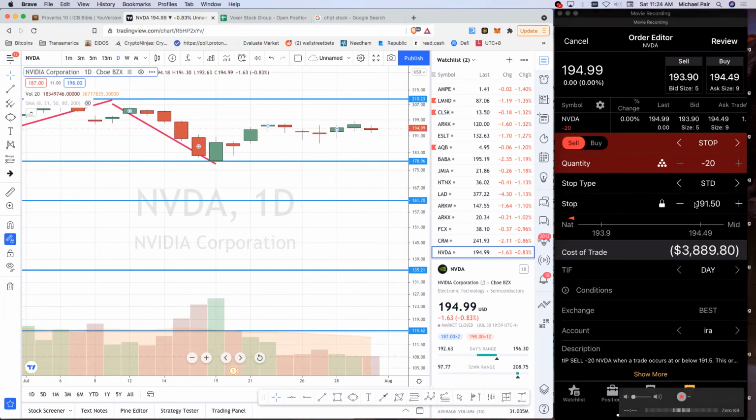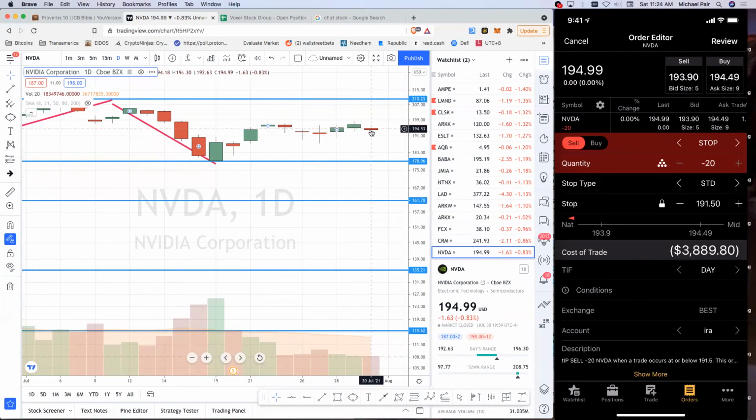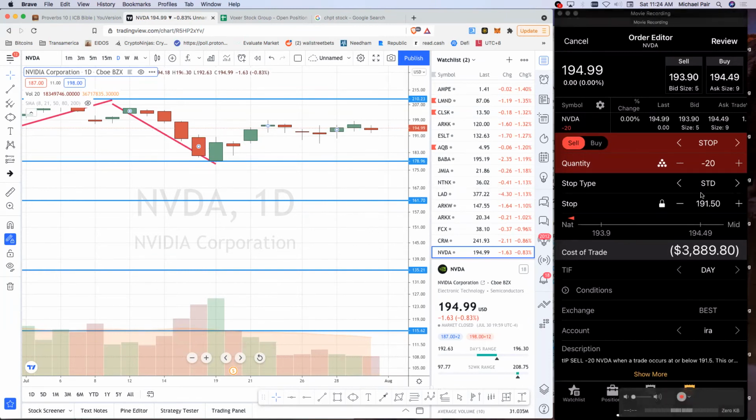So in this case, let's say the stock here is at 194.99. Let's say we got a gap down and the stock opened at 190. Your order would immediately fill, and let's say it filled at 190, you would have lost that $1.50 because of the gap. But if that happens as the market is open and it's trading, you should get closer to your 191.50 in order to protect your gains.